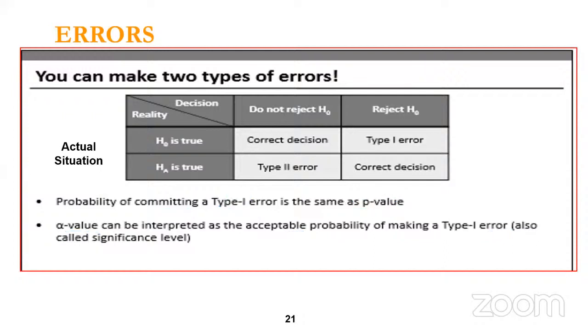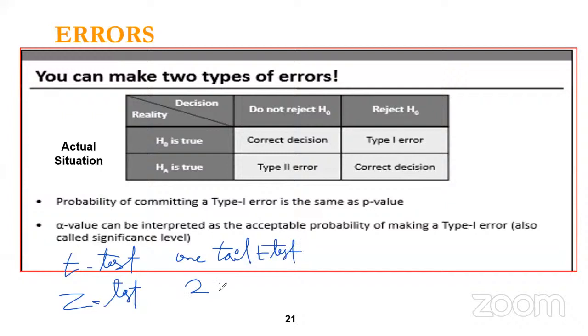Now, there are different types of hypothesis tests available. So you can have a test like the t-test. You can have the z-test. You can have the one-tail t-test.